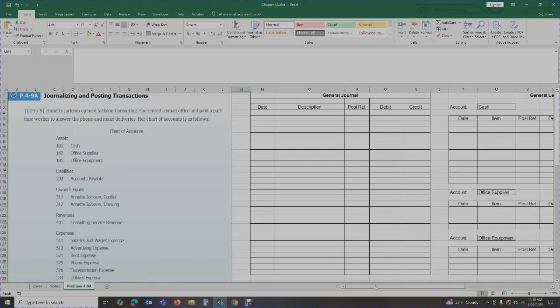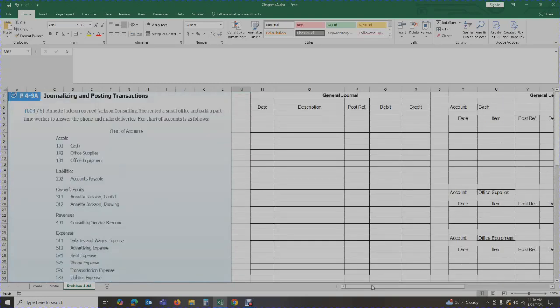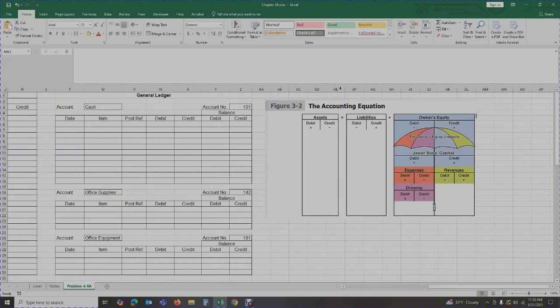Now, my recommendation as you are analyzing and recording these transactions, from chapter 3 lecture, there was a figure 3.2, the accounting equation. I would recommend that you print this out and that you have it handy. I have this memorized by heart, okay? You need to know what the normal balance is, if it's an asset, if you debit or credit, okay? If you're not at that point where you have this memorized, then print it out and have it handy because you will be needing it, okay?